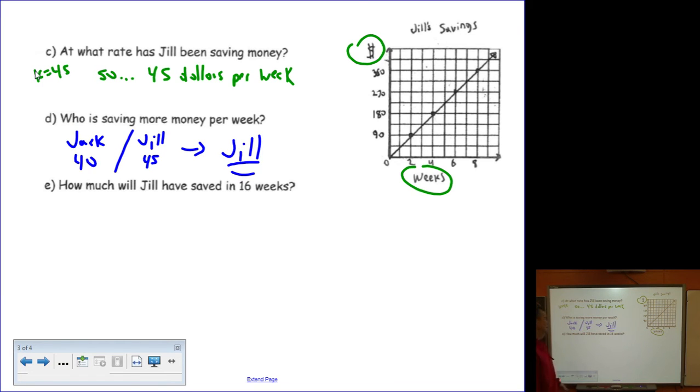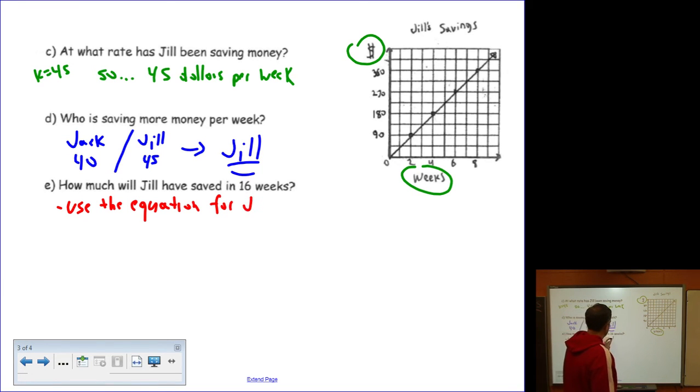And last up, how much will Jill have saved in 16 weeks? All right, well, this is one of the reasons we would like to have an equation for a graph. We would go ahead and use the equation for Jill.